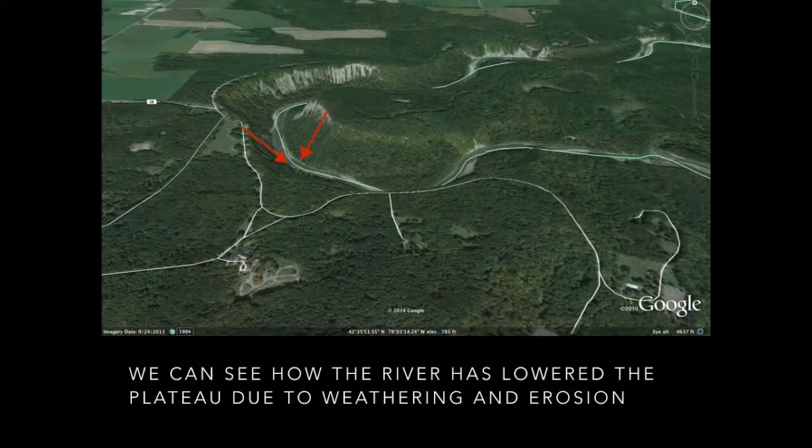Now, this is the Google Earth view of that, and we can see how the river has lowered the plateau due to weathering and erosion, and it's the low spot on the map. And both sides are sloping down towards the river.